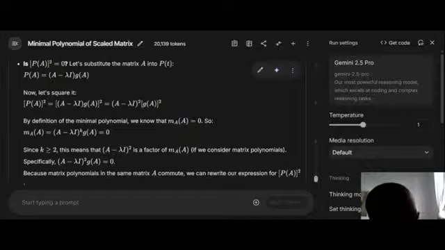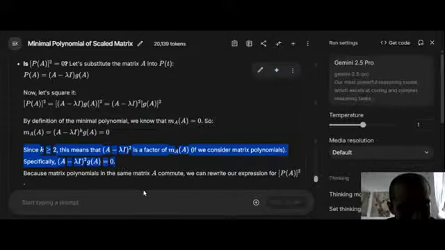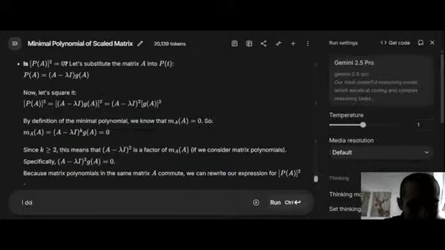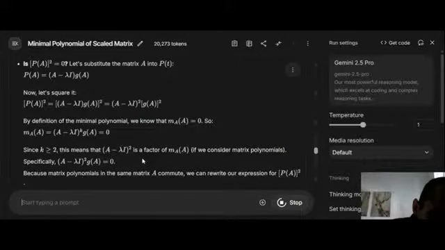I don't see why this is true. I don't really see why.